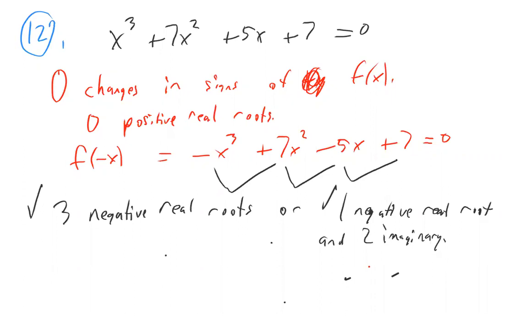Then you look at f of negative x, and you count the changes in signs. The number of changes in signs is either equal to the number of negative real roots, or it's equal to the number of negative real roots combined together with the number of imaginary roots. And the number of imaginary roots always has to be an even number if you have a polynomial that has real coefficients.